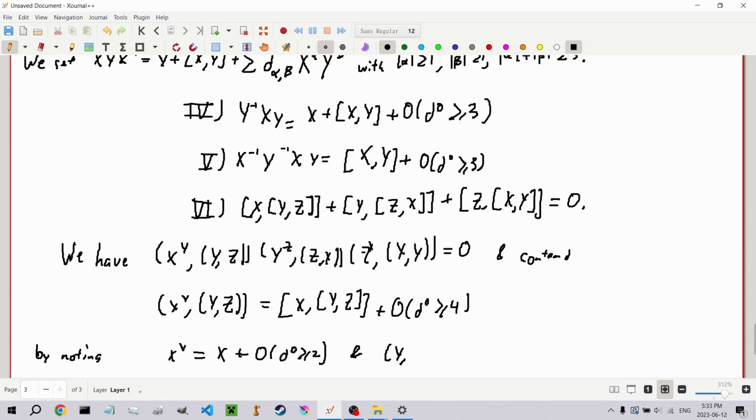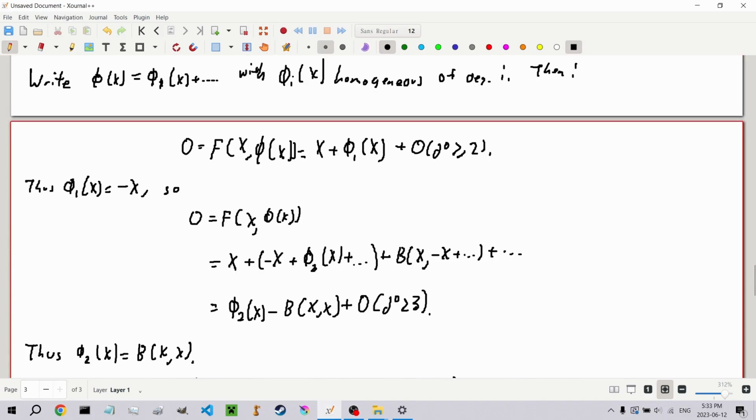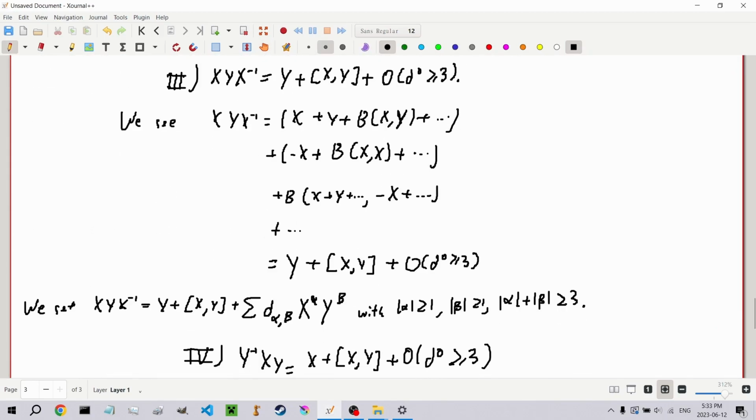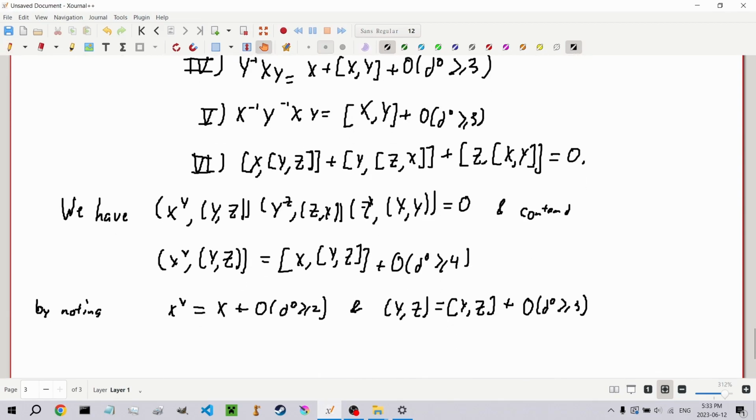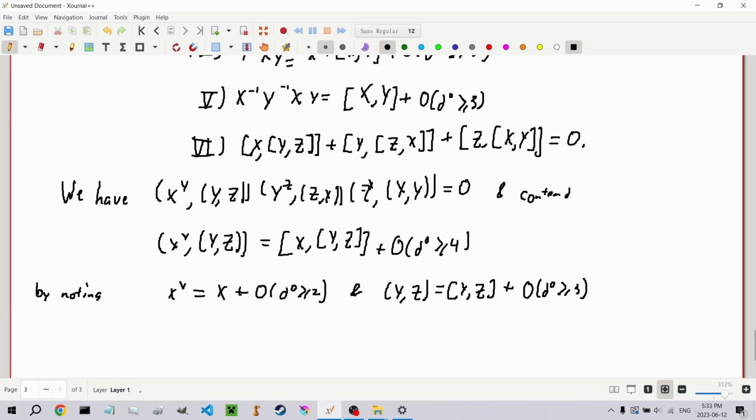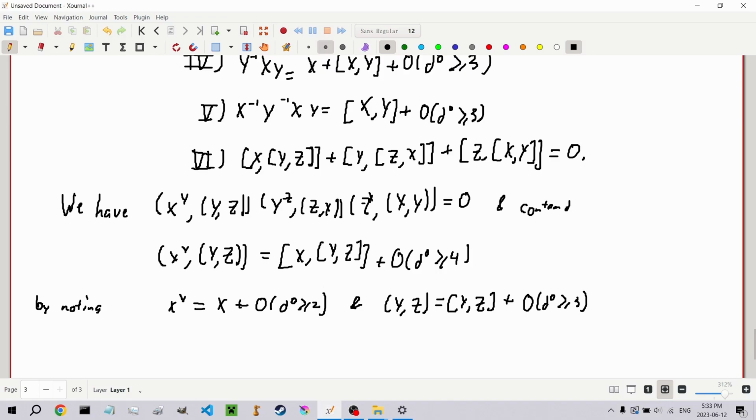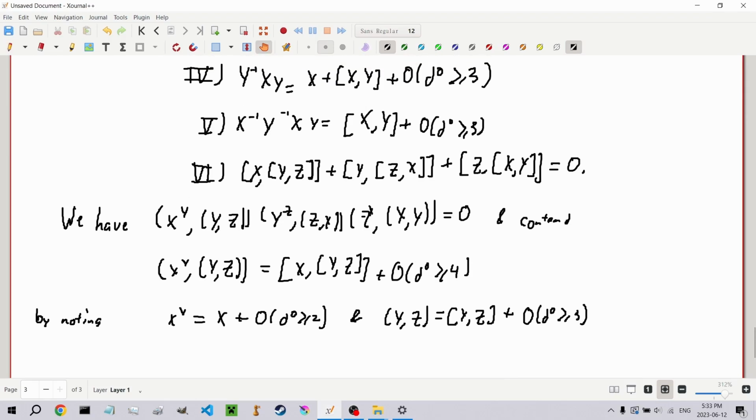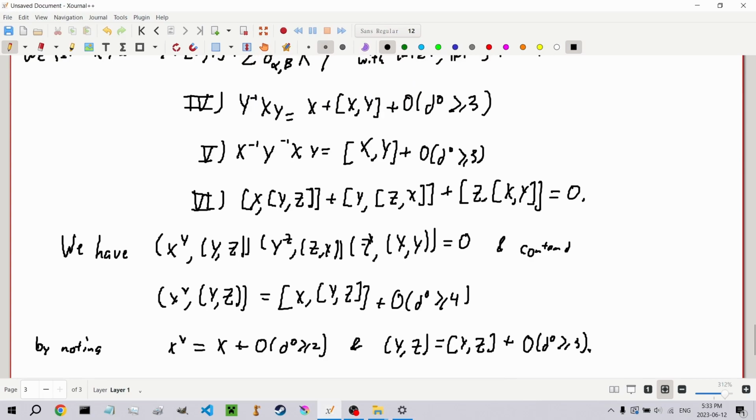And the commutator, I believe this is, of y and z, is the bracket of y and z plus higher order stuff of degree at least 3. And so this is all by our 5th formula. So we can just apply that again and get our result. And so we're actually done with that for this formula.